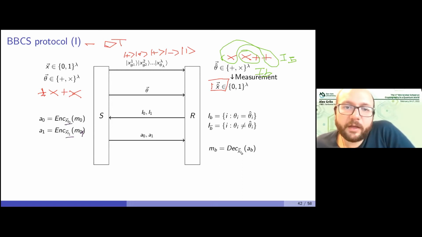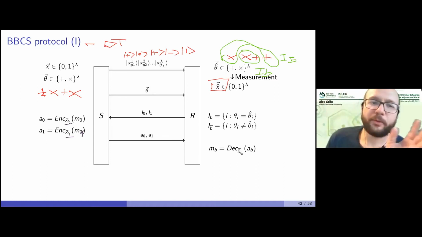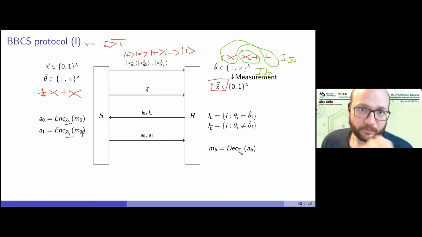The receiver then, using her X_IB, so the X corresponding to the bases that matched, can decrypt AB to get the message MB. Assuming that both parties are honest, the sender cannot correctly compute the bit B because she cannot distinguish which is the set that contains the right basis and the wrong basis.